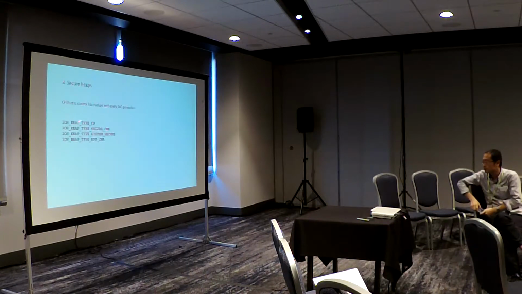So this is basically a carve-out heap which secures the carve-out region. So this is slave-side access control. Secure DMA is again slave-side access control, but with CMA heaps.